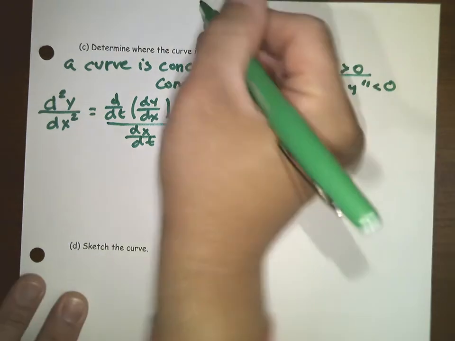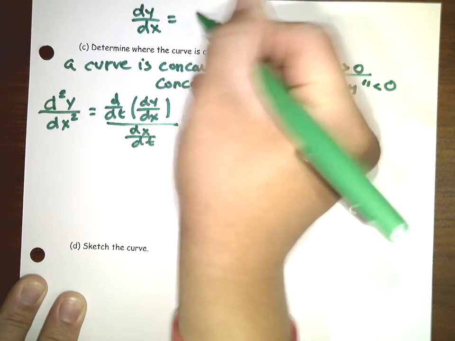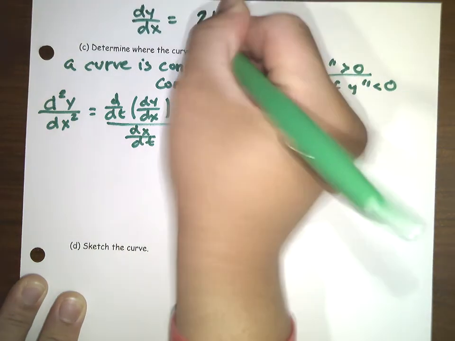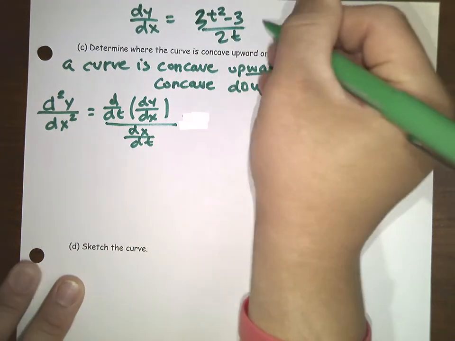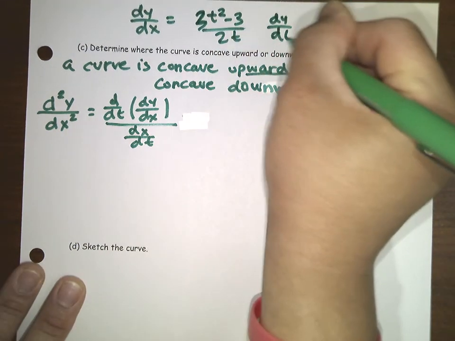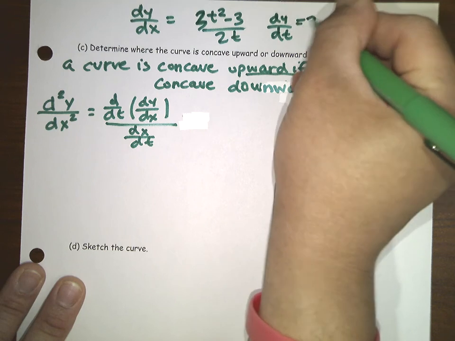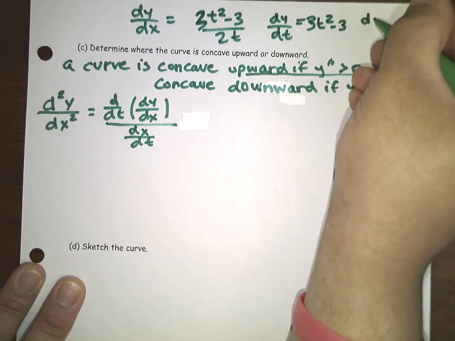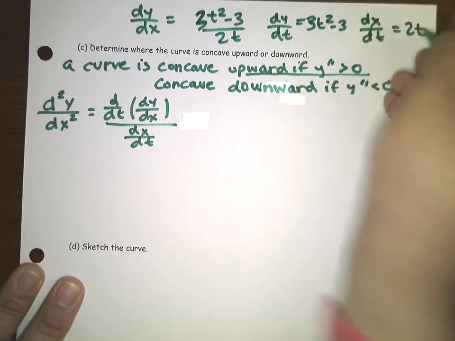Remember that the dy dx that we found before was 3t squared minus 3 over 2t. The dy dt was 3t squared minus 3, and the dx dt is 2t.